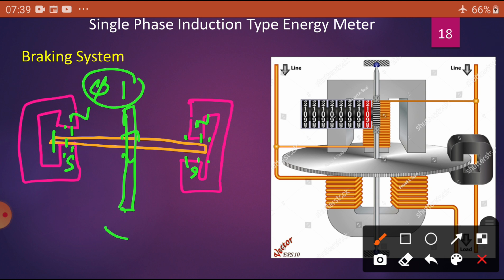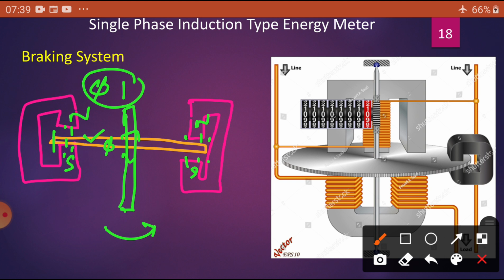If the disk rotates, at that condition the disk will cut the stationary magnetic field. Whenever the conductor cuts the magnetic field, it induces EMF in the conductor. What is the conductor here? Disk. So due to the cutting of the stationary magnetic field, EMF is induced in the disk.